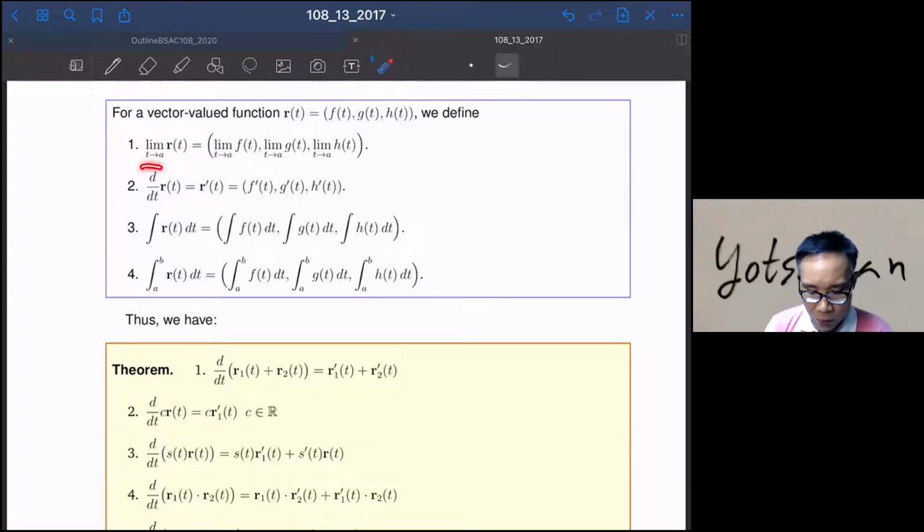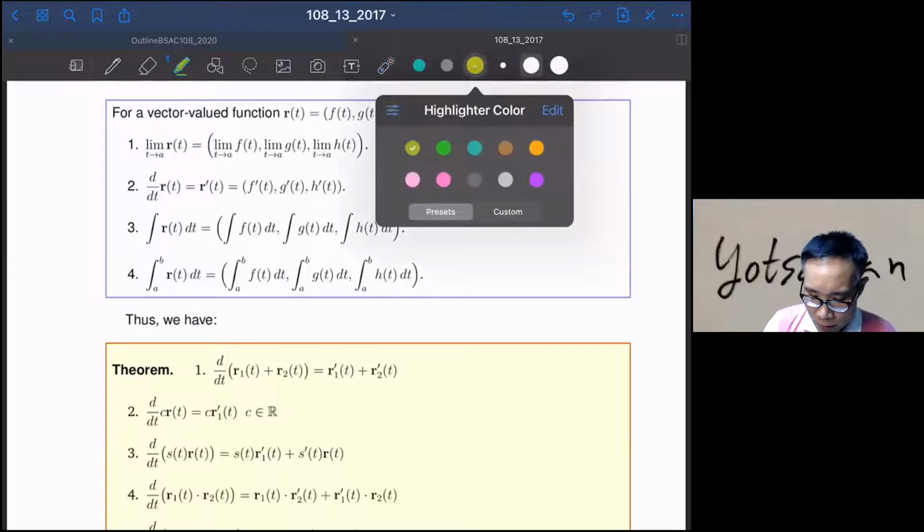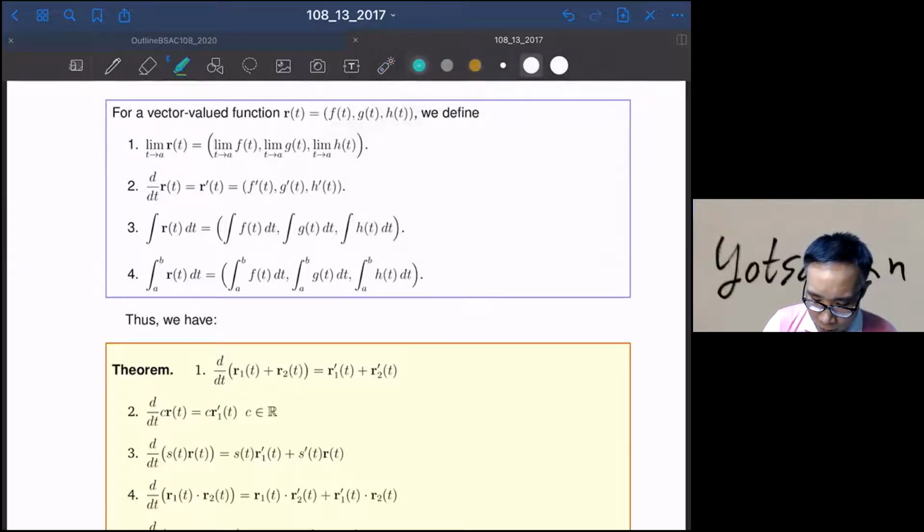The way to take the limit is to compute the limit term by term, or component-wise. So you have the first component, second component, and third component. When you compute the limit, it's just the limit of the first, the limit of the second, and the limit of the third component.